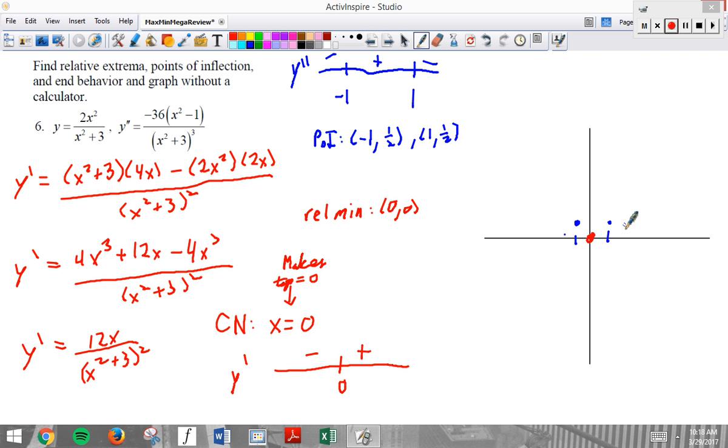Okay, so what's this ugly guy going to look like? The end behavior. It has a horizontal asymptote at y equals 2, because the ratio of the coefficients of the highest powers is 2. So here I go.